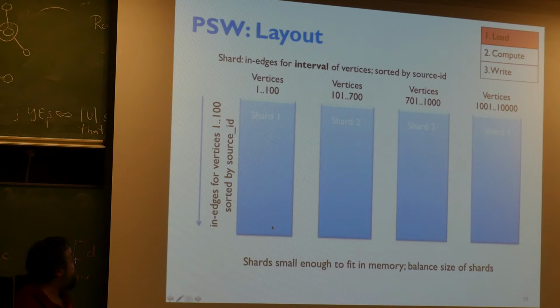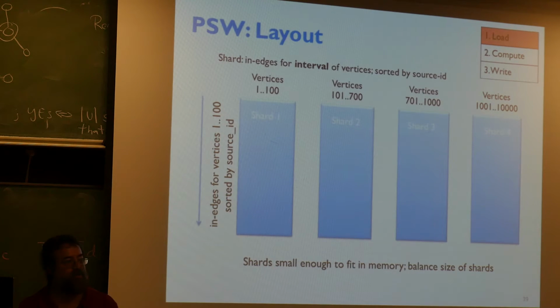In fact, they're sorted by the source ID. These are all the incoming edges that go to a vertex between 1 and 100, but they're not grouped by vertex. Instead, they're sorted by the ID of the node that is connecting to that vertex. So they're sorted by source, and their destination is all between 1 and 100.